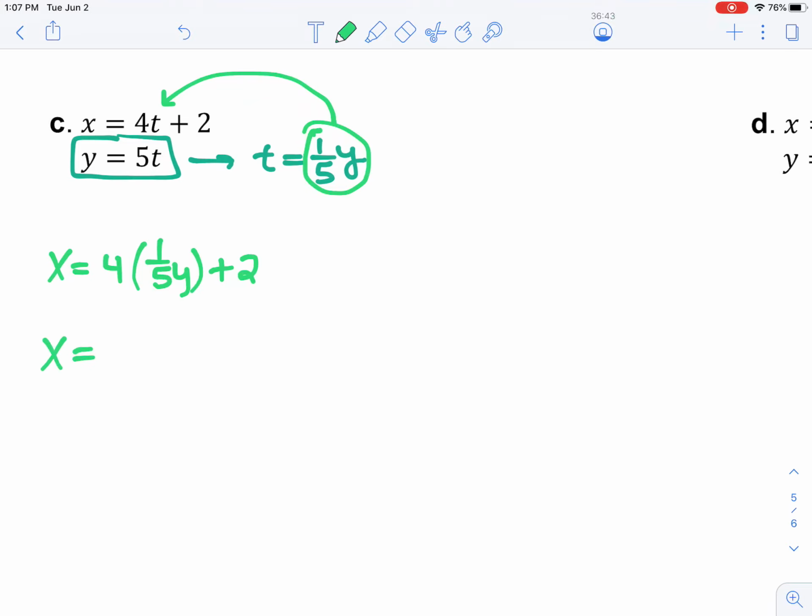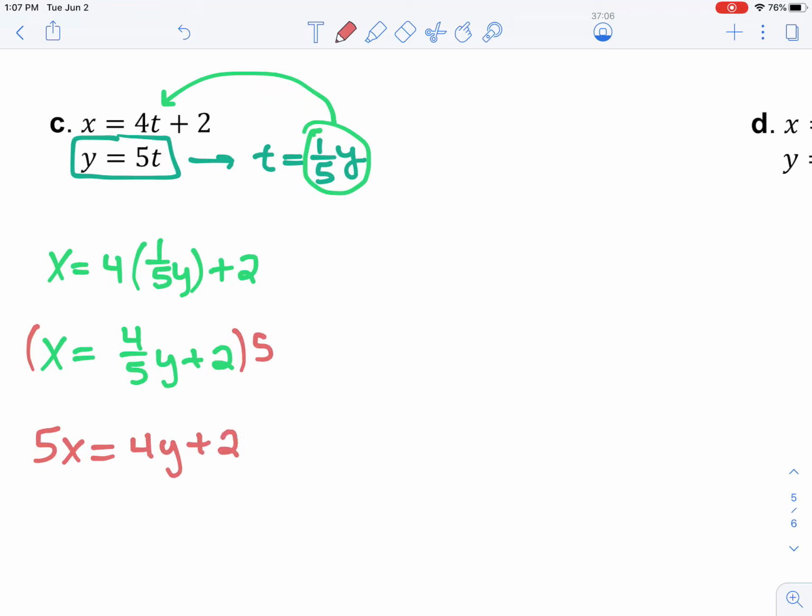We can say that x is then equal to 4/5 y plus 2. And if you reference the guided notes answer key, you'll see that you can take this a step further and multiply the entire equation by 5 and get that 5x is equal to 4y plus 2.